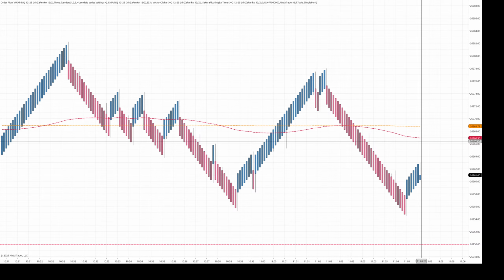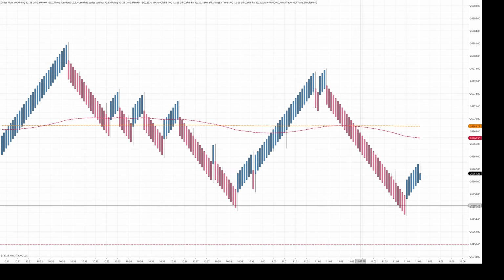Or we come up to this area and take the bounce down. So whichever comes first.